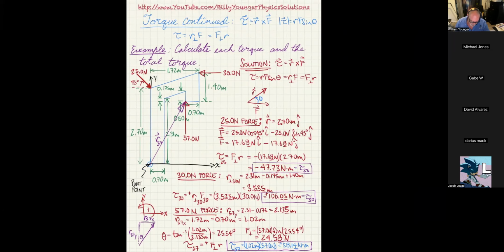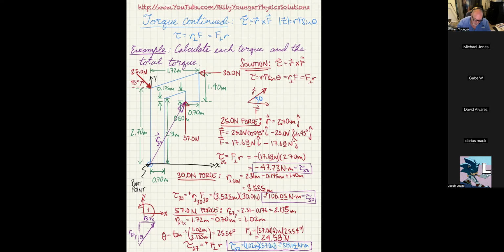And a clockwise torque should have given us a negative. Let's see if I did anything wrong with that. I found the force's y component was negative 17.68. The x component was positive 17.68. So that all looks fine. And then the r vector was just 2.70 meters positive.